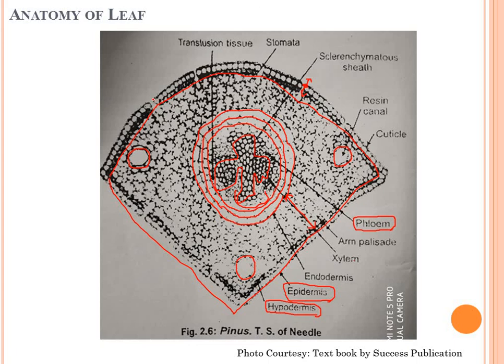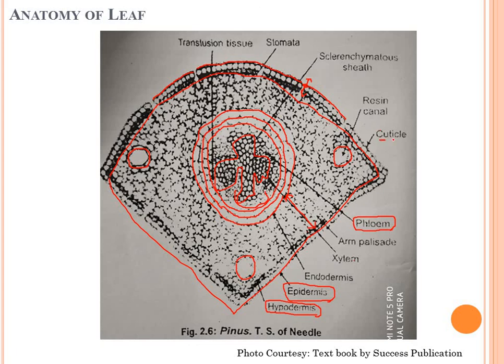Actually, a single-layered cuticle may be present on the epidermis at the outside. We know the function of cuticle. If it is thick, then it reduces the rate of transpiration, and sometimes a thin cuticle may be present on epidermal cells.